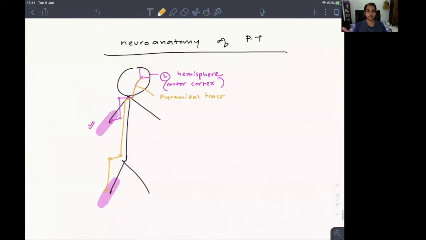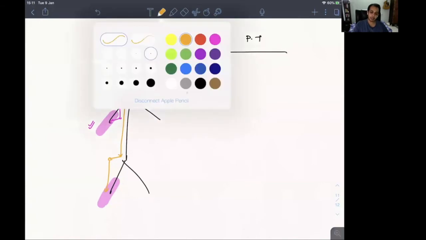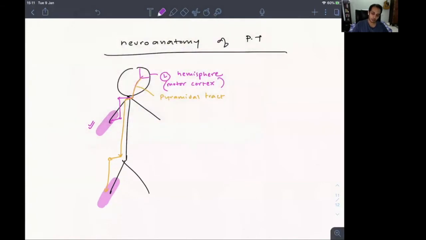Now, this is the overall anatomy of the pyramidal tract, and there is a pyramidal tract on both sides. So if you wanted to move your left side, the tract will come from the right side of the brain and then cross over and come down like this.